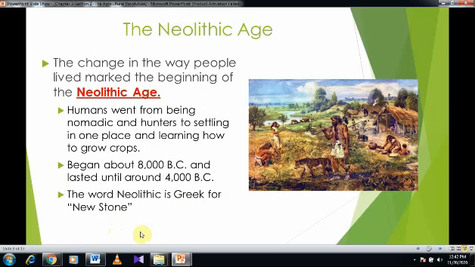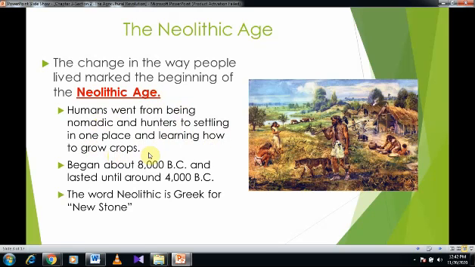The change in the way people lived marked the beginning of the new Neolithic age, which is the new Stone Age. Humans went from being nomadic and hunters to settling in one place and learning how to grow crops.